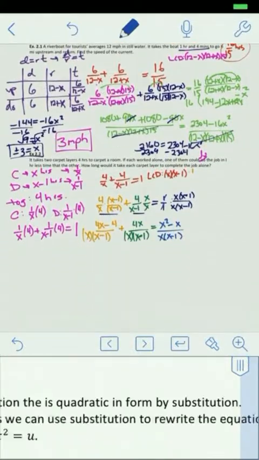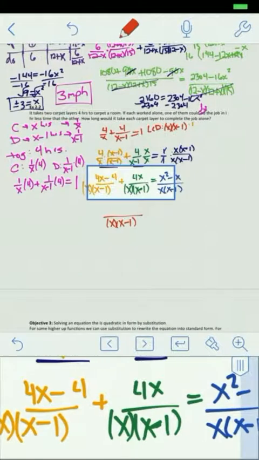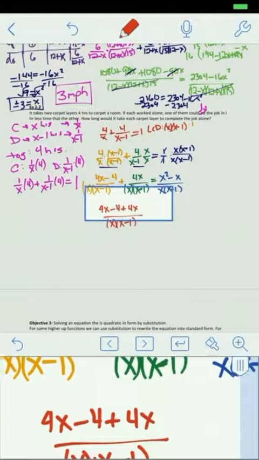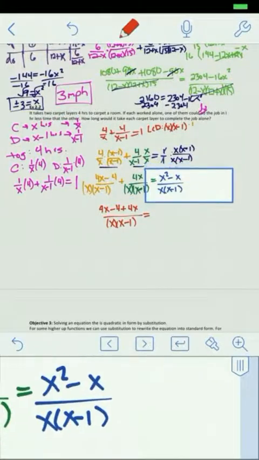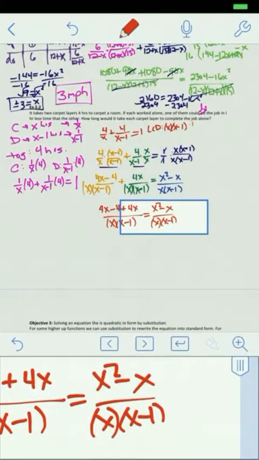Alright, I got all 3 denominators the same, so I can make this one denominator, x times x minus 1. On top here I have 4x minus 4 plus 4x, right? So I put all the numerators together, and that is equal to x squared minus x over x minus 1.